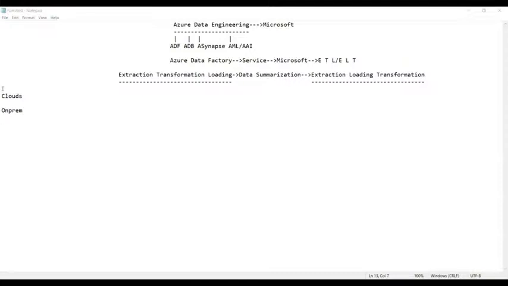On-premises. Before we go ahead, I wanted to know from you, what is the difference between the clouds and the on-premise? Do you know it or not? Need not hesitate, everyone. Any idea?